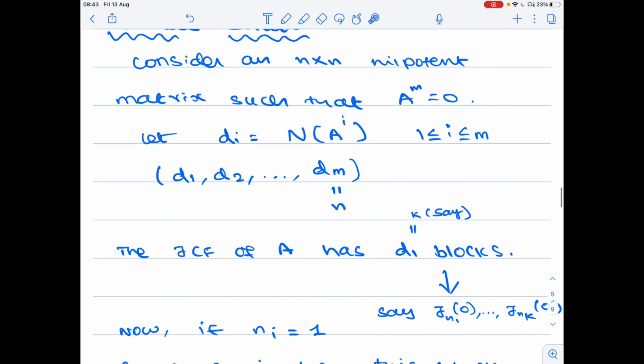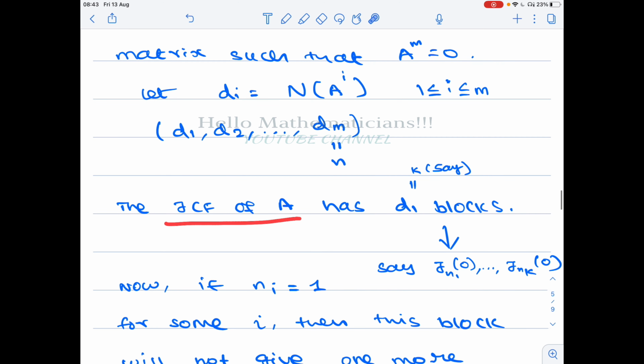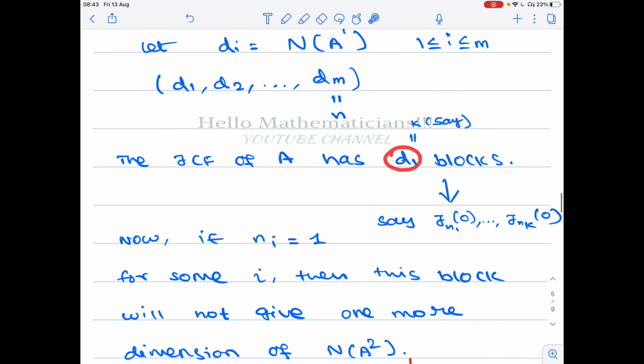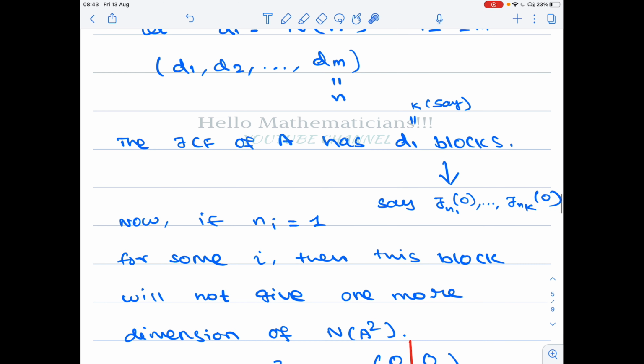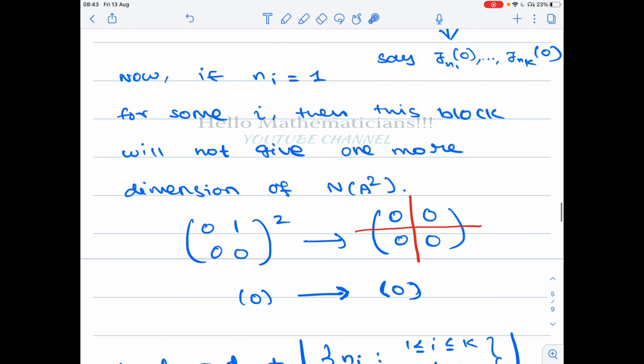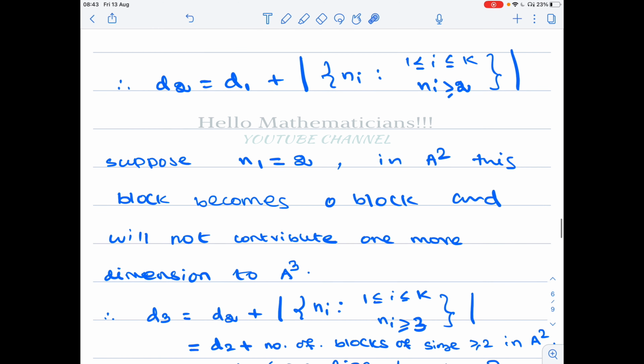Now, the Jordan canonical form of A will have d_1 blocks because d_1 is the nullity of A. I simply denote it by k, so k equals d_1. So we get these k blocks J_n1(0) up to J_nk(0). Okay. Now, we saw that if some block has size 1, then that block won't contribute to the nullity of the higher powers. Okay, so that we already observed.